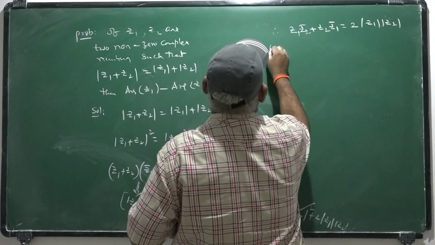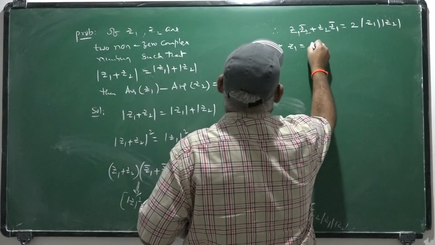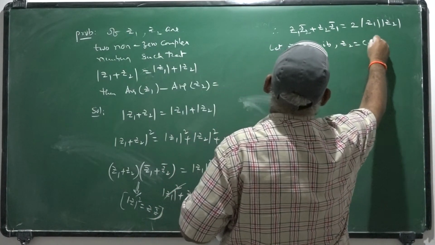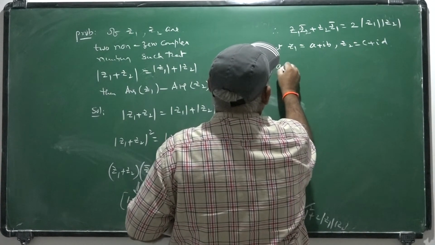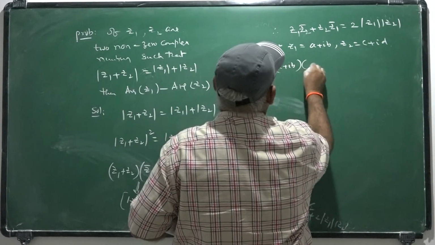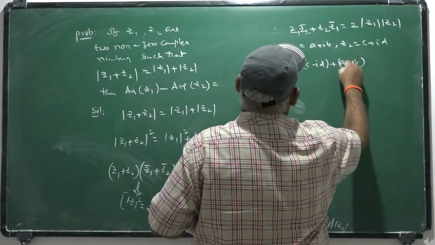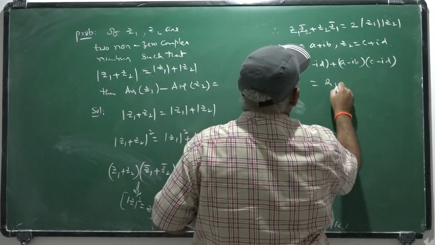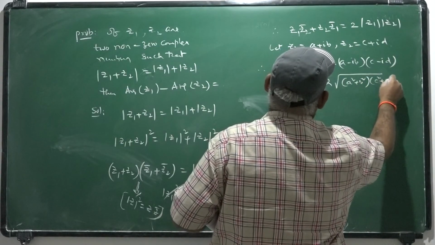Let us consider z1 is a plus ib, z2 is c plus id. So this is (a plus ib)(c minus id) plus (a minus ib)(c plus id), which is twice the square root of (a square plus b square)(c square plus d square).